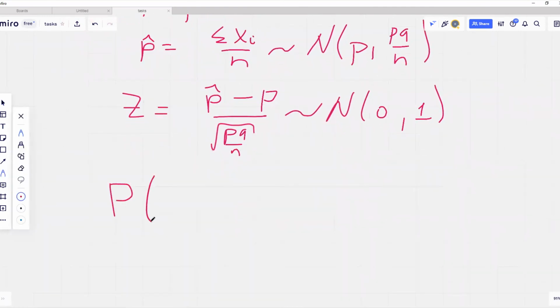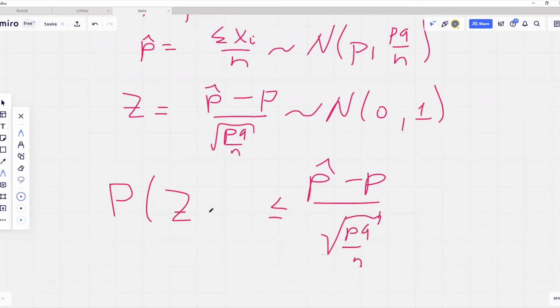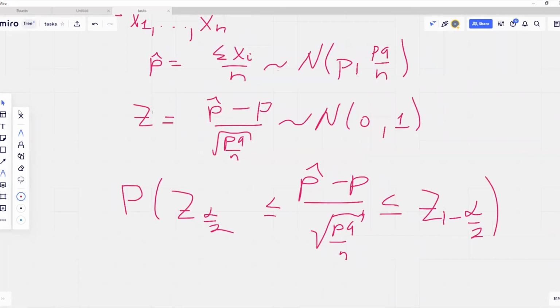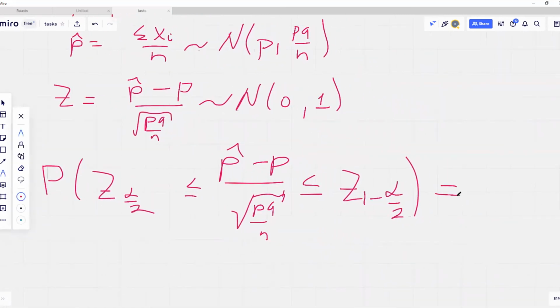We can set our random variable z to lie in the interval between the following two critical values, z alpha over 2 and z 1 minus alpha over 2, so this probability is equal to 1 minus alpha, and we will build a 1 minus alpha multiplied by 100% confidence interval.